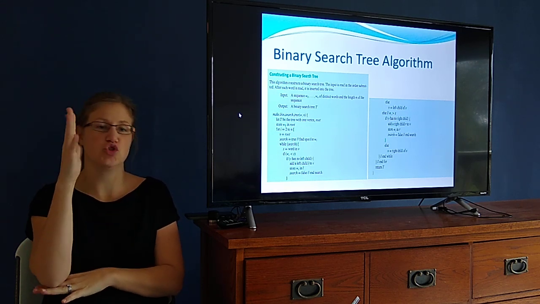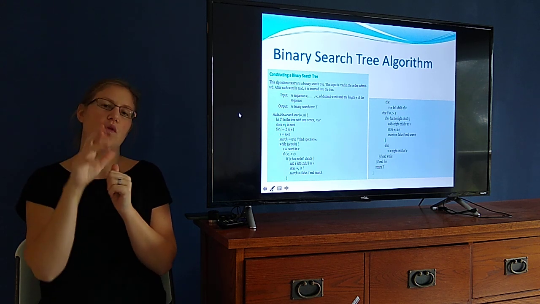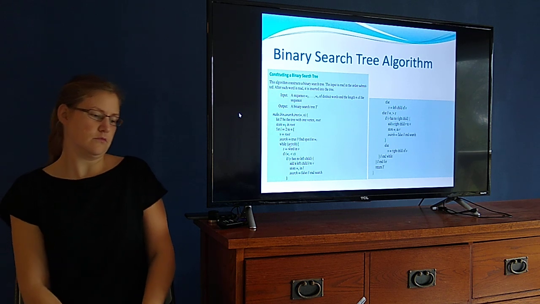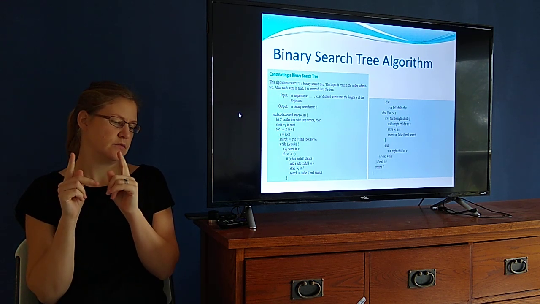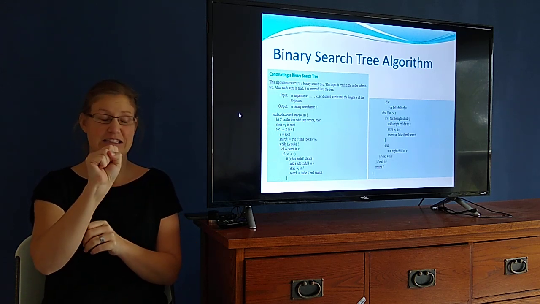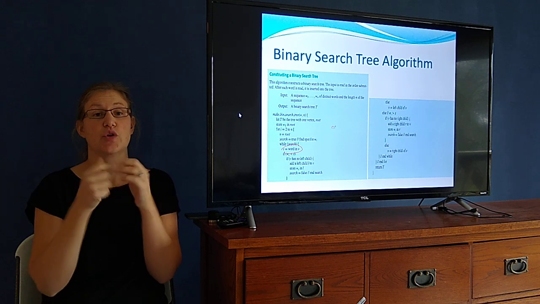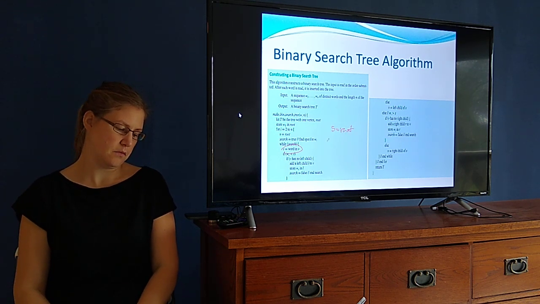So basically, first we need to compare this data with the root. This is the given, S. So first when we start, S is equal to the root, and we compare our given data with the root.